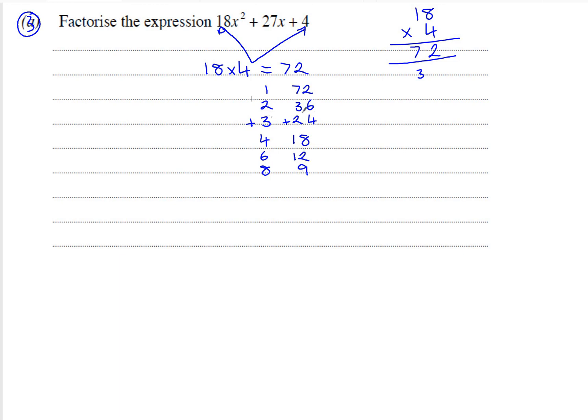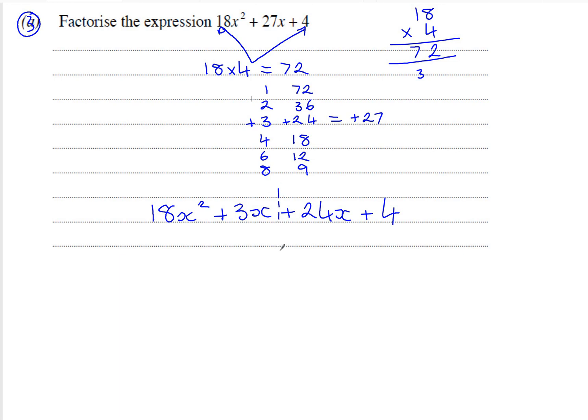No. So these are going to be the pair of factors that we would be using, because those add together to give plus 27. Okay, so now we rewrite this original expression using these pair of factors. So 18x squared plus 3x plus 24x plus 4.